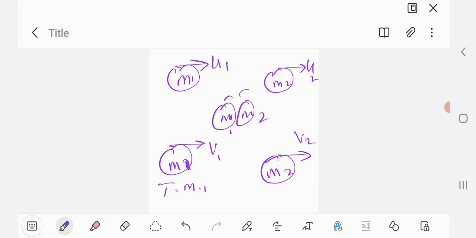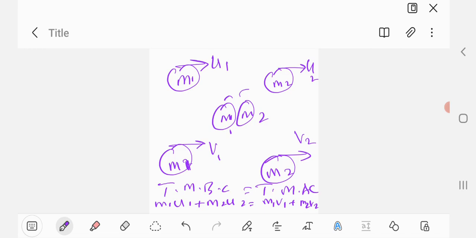Total momentum before collision is m1u1 + m2u2, equal to total momentum after collision, m1v1 + m2v2. I hope this is very clear to you. This is the formula for the law of conservation of momentum.